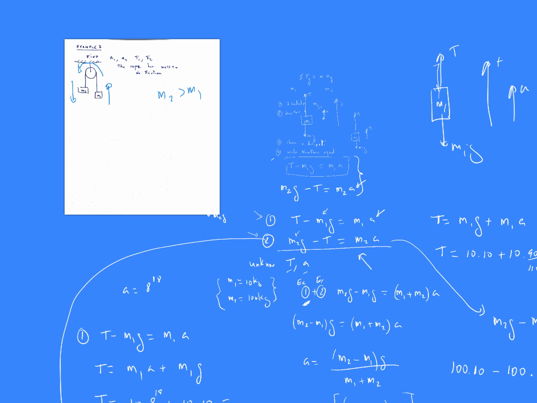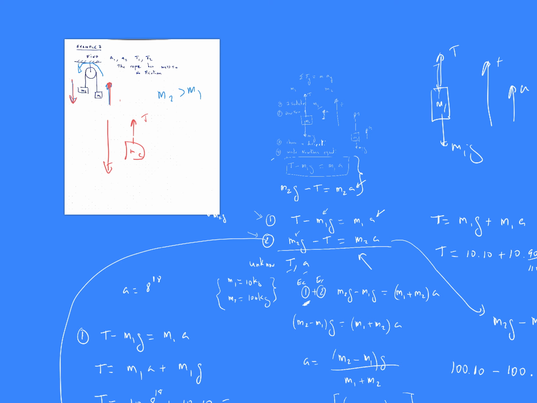So I do the same thing for the mass m2. For the mass m2, there are two forces acting on it. Let's make the picture of m2. There is the tension going upwards. The object is moving in this direction because m1 is moving upwards, so this object is moving downwards.